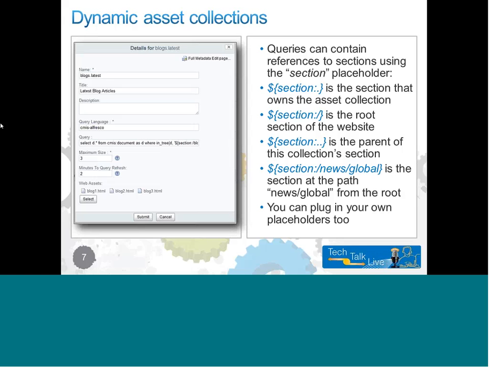And you can see that in this case, we've got a CMIS format query that periodically, in this case every 2 minutes, is going to run that query, and then pick the top 3 results, that's the maximum size field there, and associate the top 3 results with this asset collection.